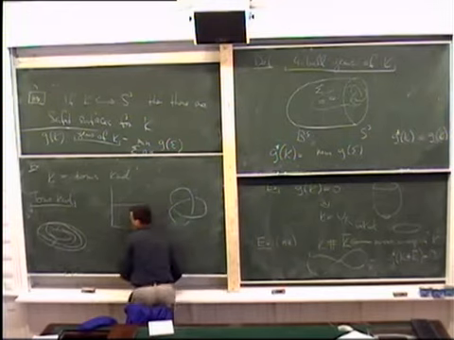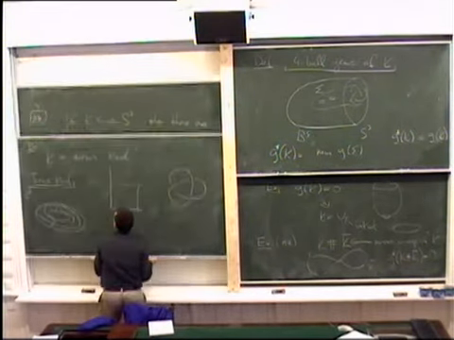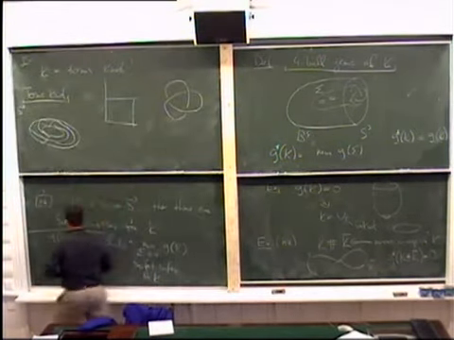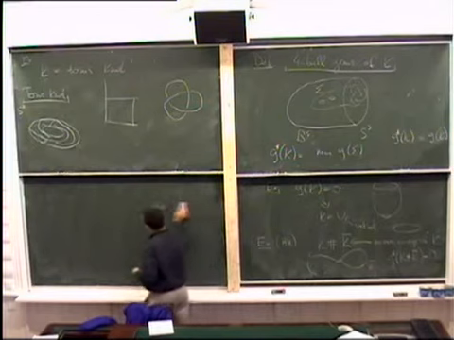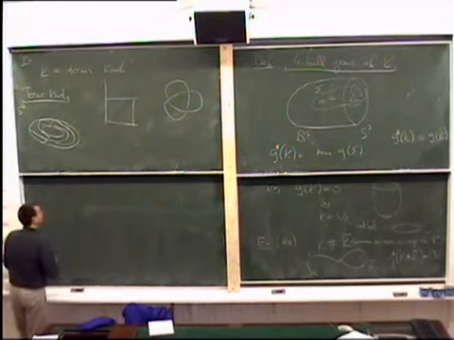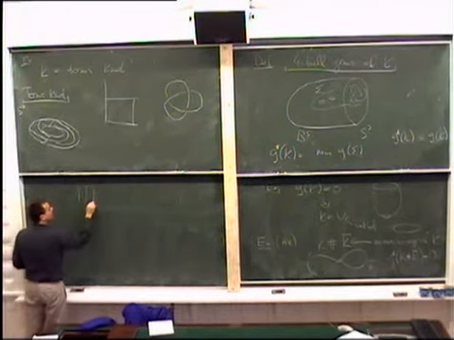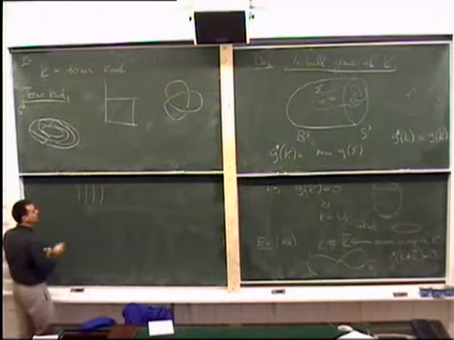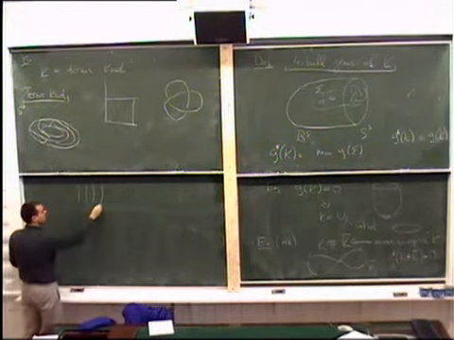And similarly, you can write down much more interesting knots. Let me do a slightly more interesting one. So here you have 4 strands.